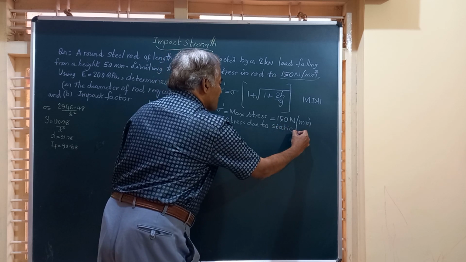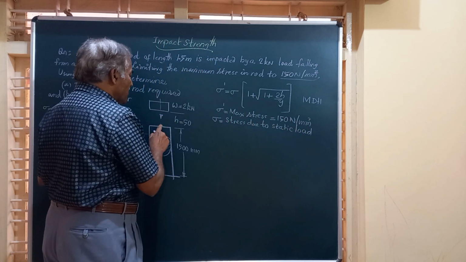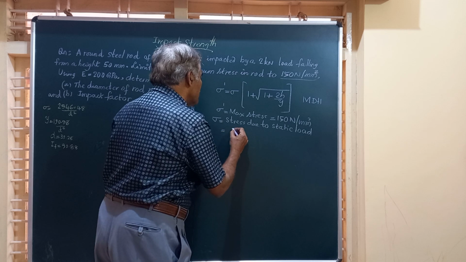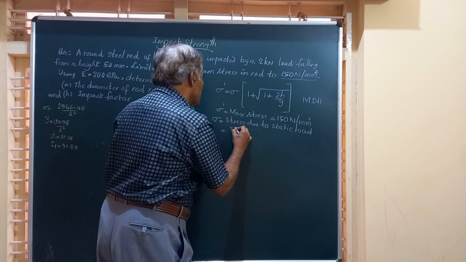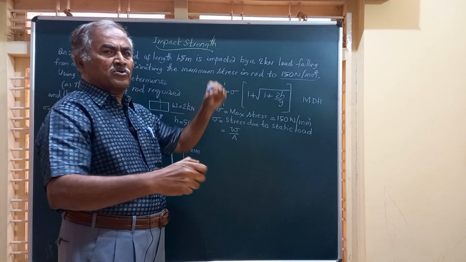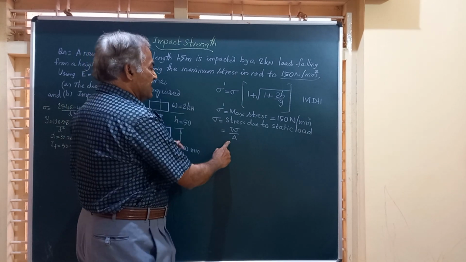That is, instead of dropping the load from a height, if it is kept on this, what is the stress induced? That, friends, is nothing but the load divided by area. Whether it is a tensile load or a compressive load, it is load divided by area of cross section.